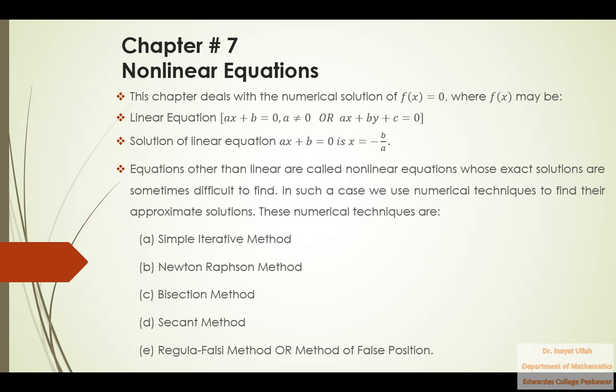Each of the methods will be demonstrated, its idea will be given to you, and an example will be solved to get the complete idea to understand these numerical techniques. So let us start with the first method, the simple iterative method.